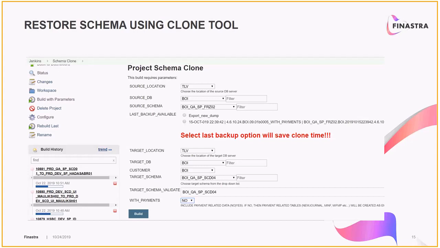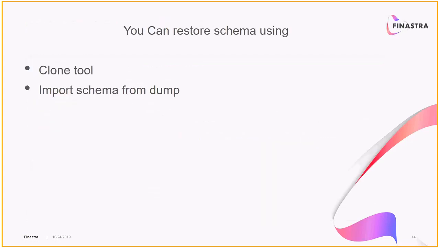We want to restore from the backup. So we click on restore old dump, select that, then select the target options, and then build. So with this, whatever dump we selected would be imported into our target schema. So this is one way of restoring the dump.